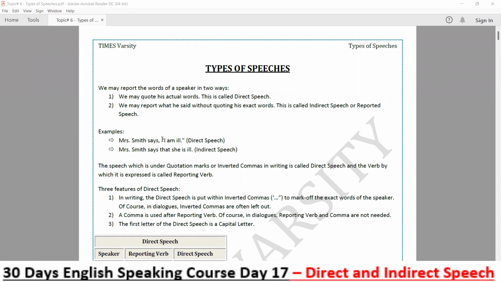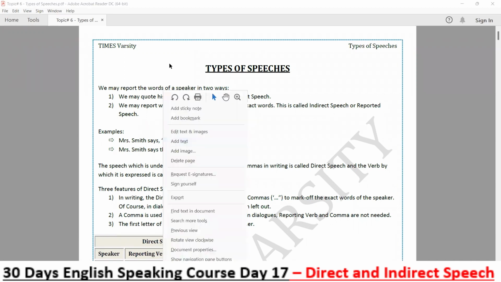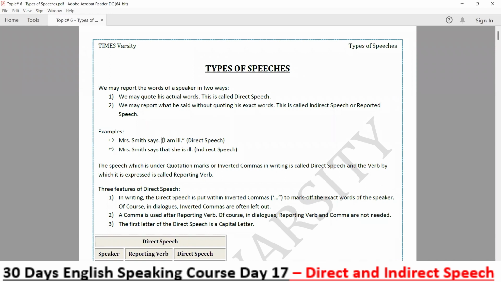Direct speech is always quoted within quotation marks. The speech which is under quotation marks, or inverted commas, is what we call direct speech.